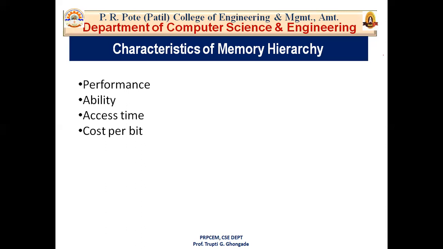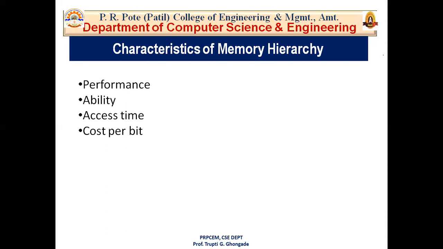Then access time. The access time in the memory hierarchy is the interval of time between the data availability and the request to read or write. Now, what is the access time? We already discussed in the previous lecture that it is the time elapsed between the start of the operation to the end of the operation.